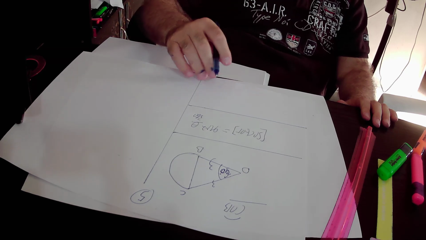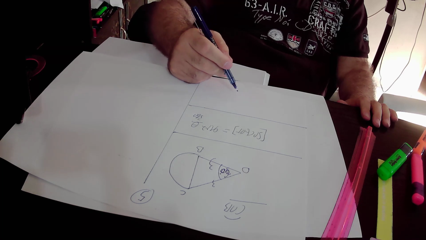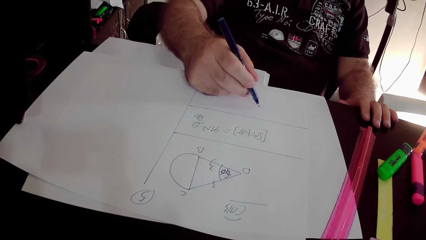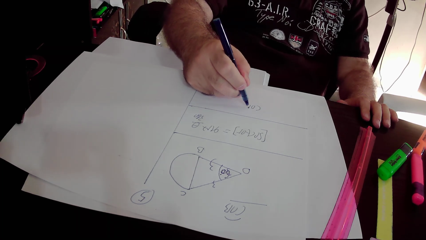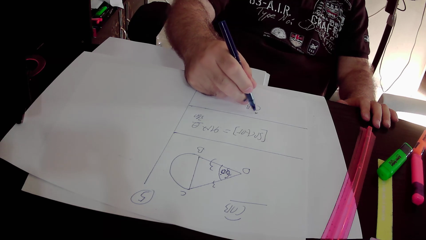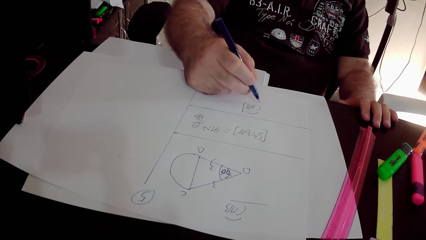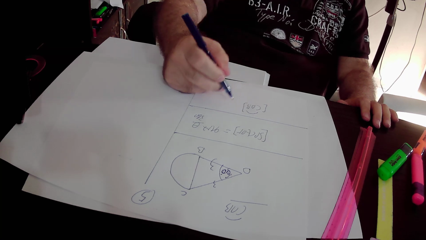So the area of our sector, sector COB, according to the new formula, equals pi r squared times theta over 360 degrees.